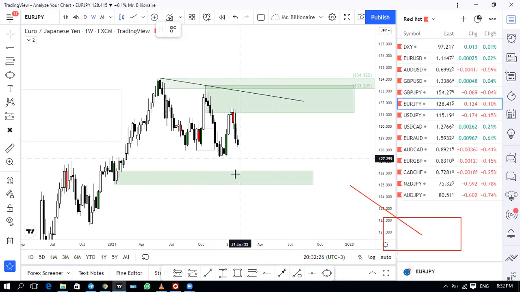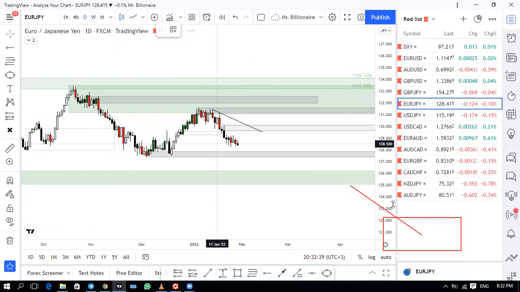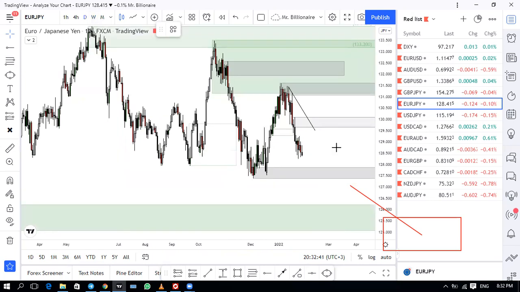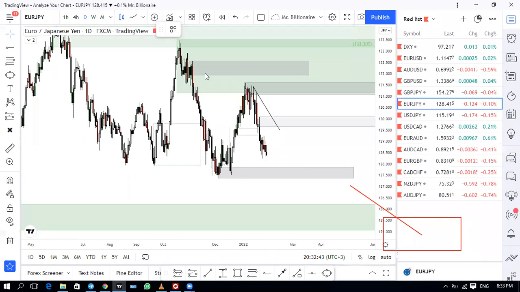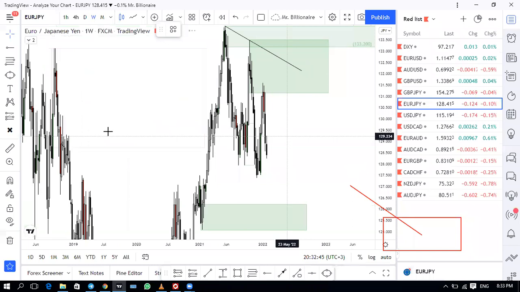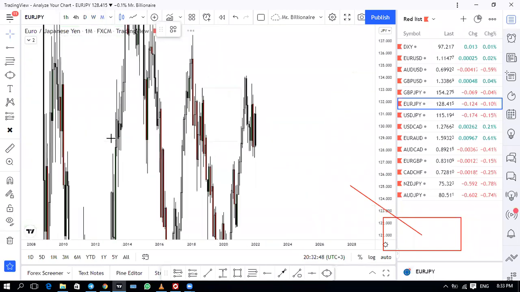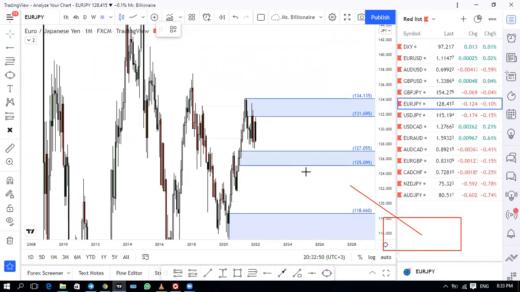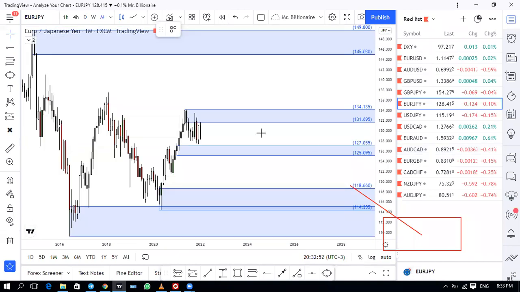So our exit point, or our selling journey, will end at this level, the weekly demand zone. So currently on Euro JPY, I'm looking for selling opportunities only, since the weekly is down. Also, we have a monthly supply in control.